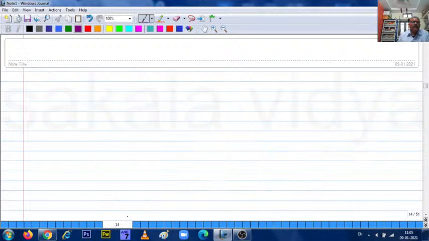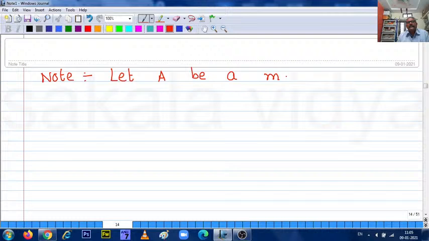And one more important note. Let A be a matrix of order m by n.